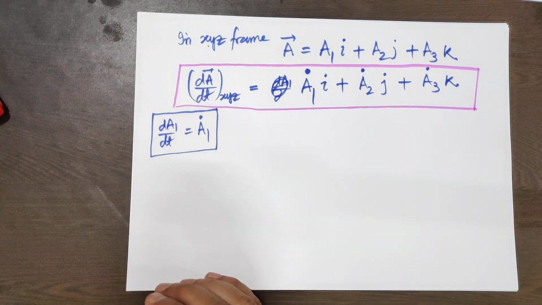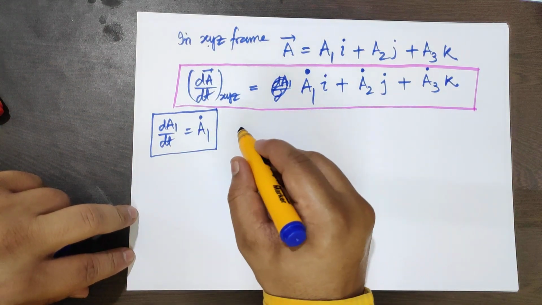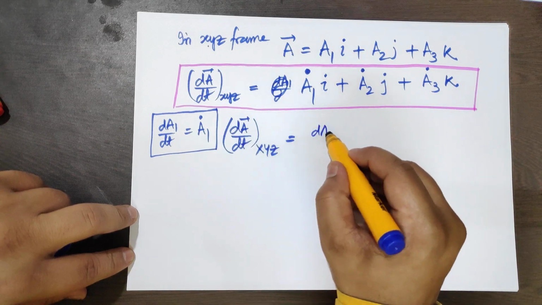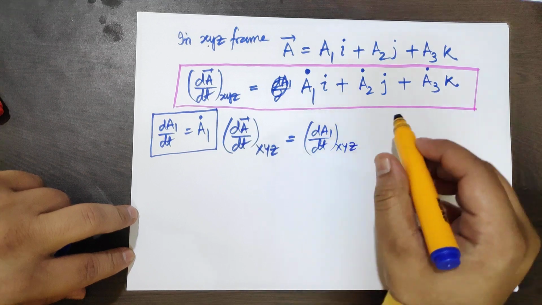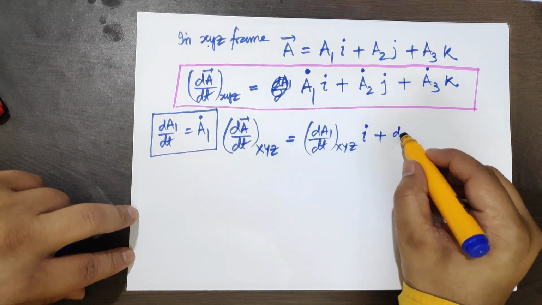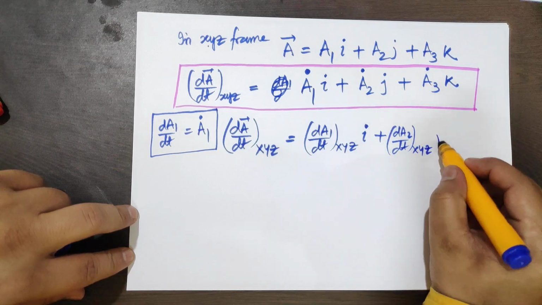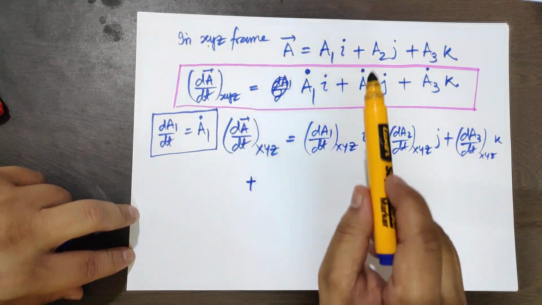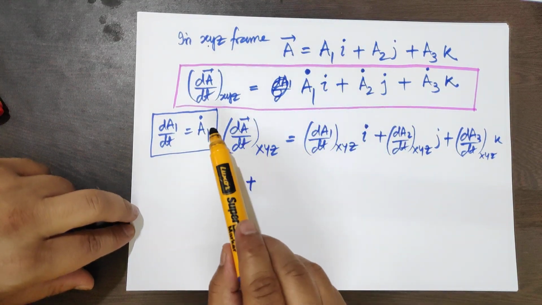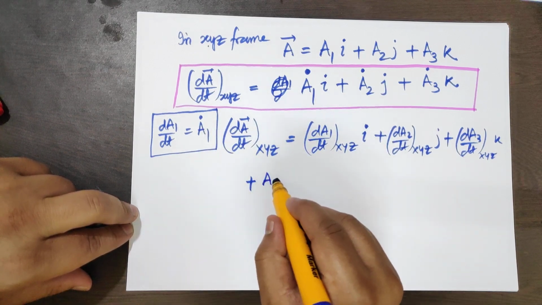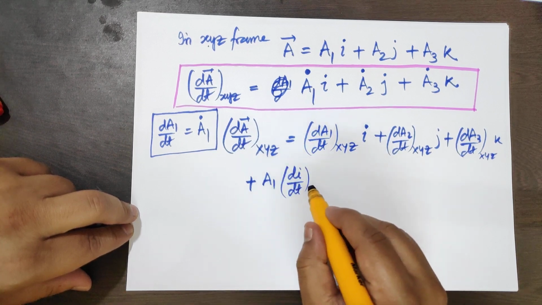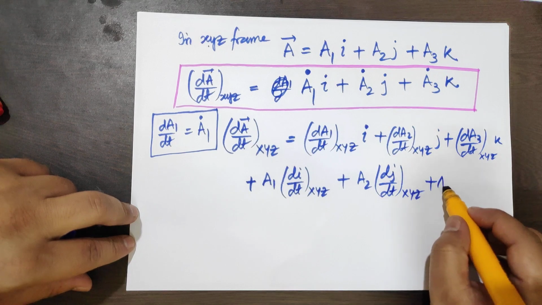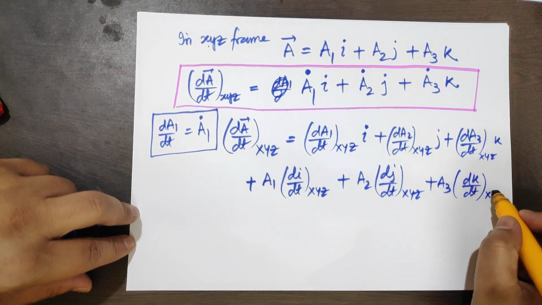Now the derivative of this vector in the capital XYZ frame will be dA1/dt into i plus dA2/dt into j plus dA3/dt into k, plus, again, this i is not a fixed vector in the capital XYZ frame, so this will be a1 into di/dt with respect to capital XYZ plus a2 into dj/dt plus a3 into dk/dt with respect to capital XYZ.